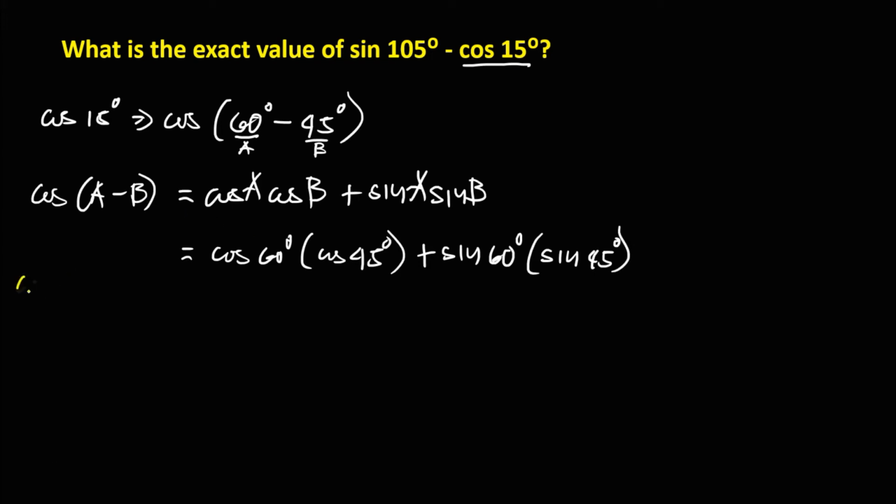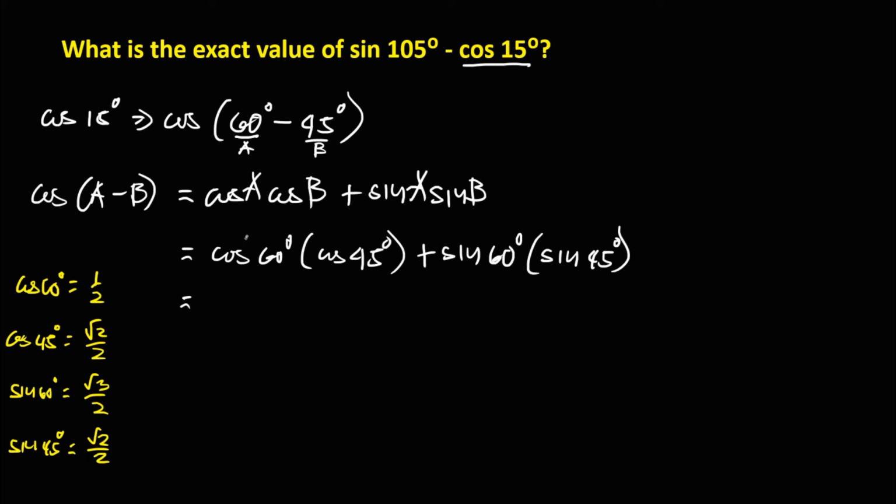So again, cosine 60 degrees is equal to 1 over 2, cosine 45 degrees is square root of 2 over 2, sine 60 degrees is square root of 3 over 2, and sine 45 degrees is square root of 2 over 2. So substitute now the values.